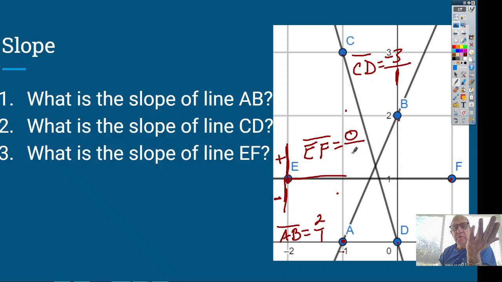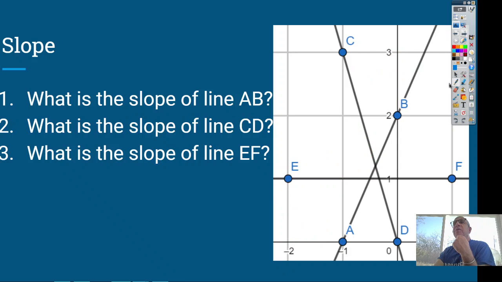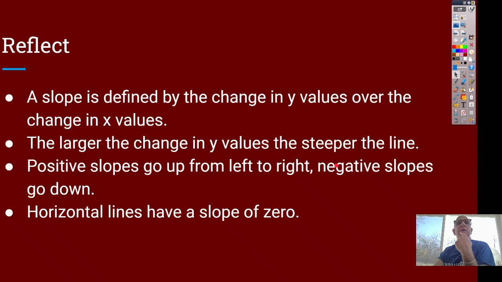But then it goes across 3. So we say the slope of EF is 0 because it goes straight across, or it's a horizontal line. Does that make sense? I hope it makes sense. If not, you get to ask questions in class.